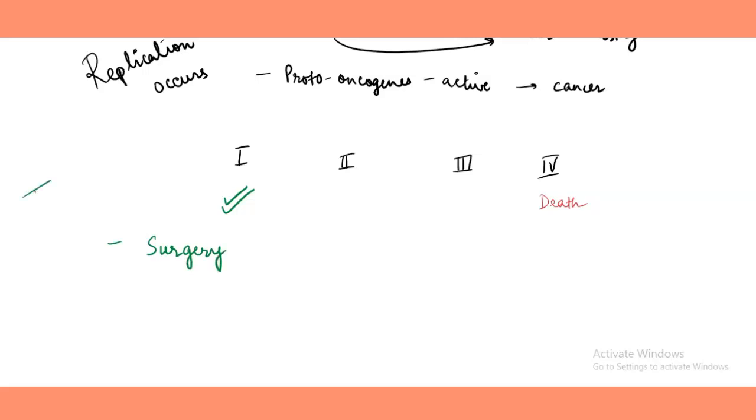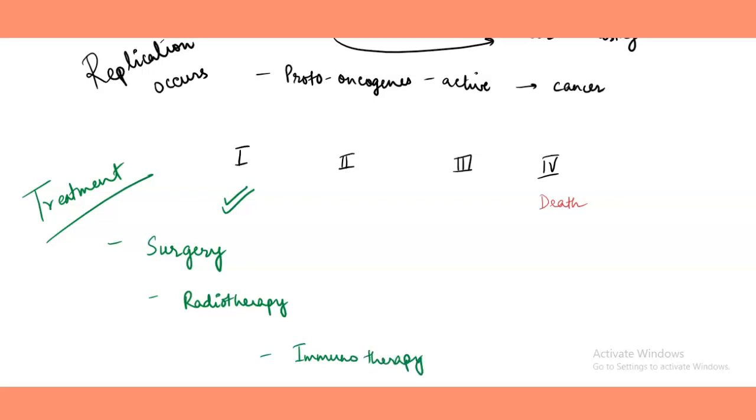So treatment is our next heading, and in the treatment, surgery can be given, or radiotherapy can also be given, or immunotherapy can also be given. We'll see what happens in each therapy. Surgery means the affected part or the place where cancer is there, that part will be taken out with the help of surgery.